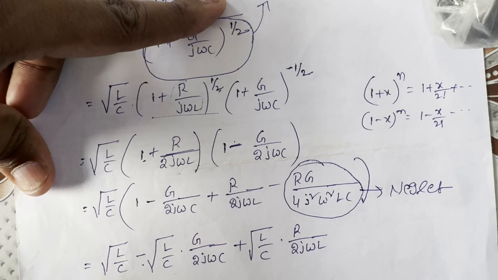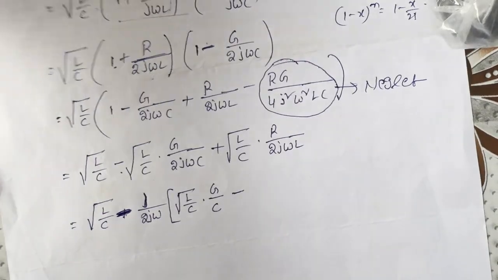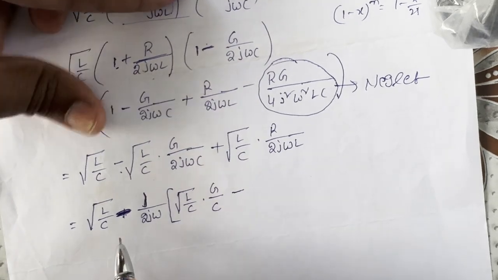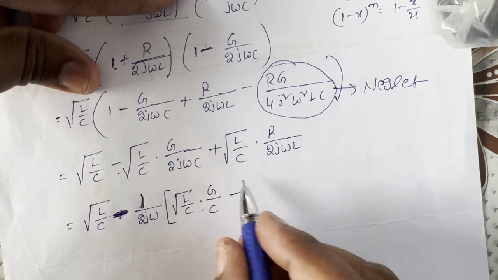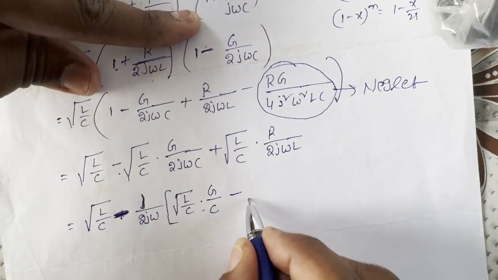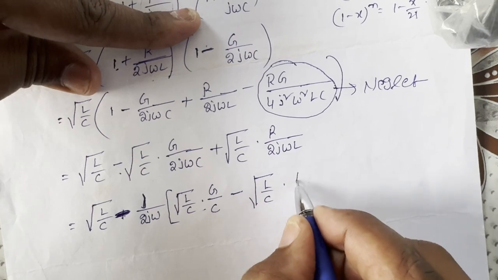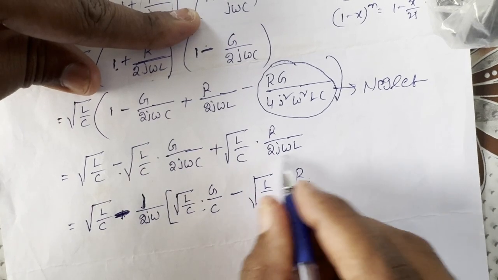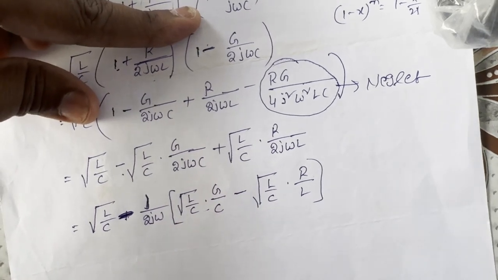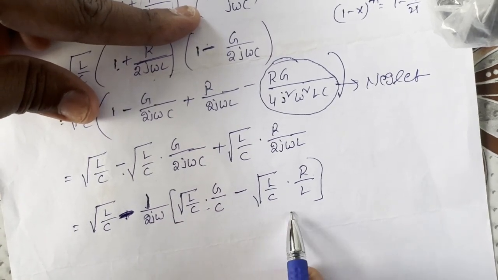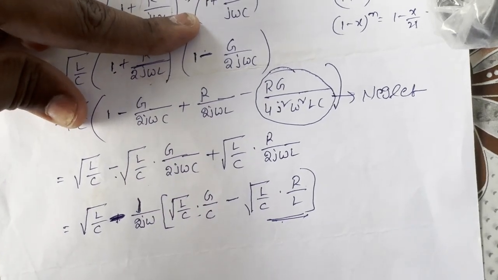Just take here minus, take here minus j by 2j omega C, it will become this one, and minus into minus plus square root of L by C into R by 2j omega is common, R by L. Okay, leave it like this. We are having here the expression for characteristic impedance.